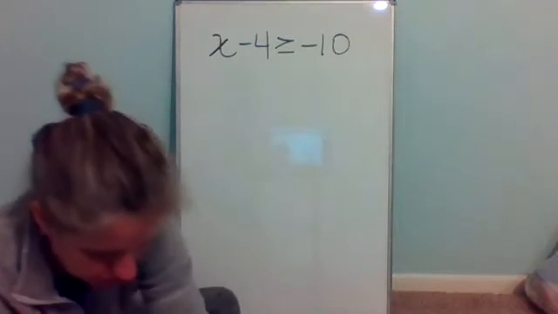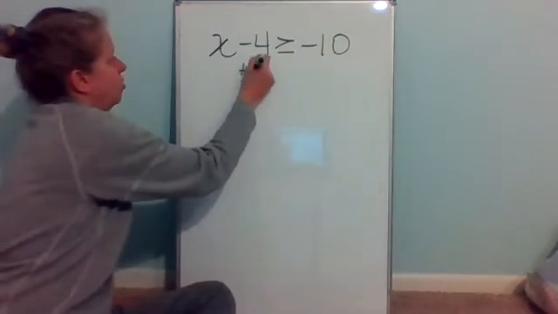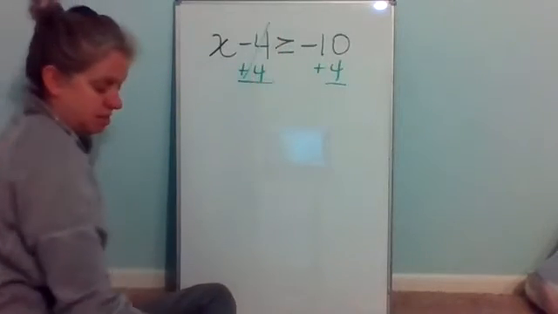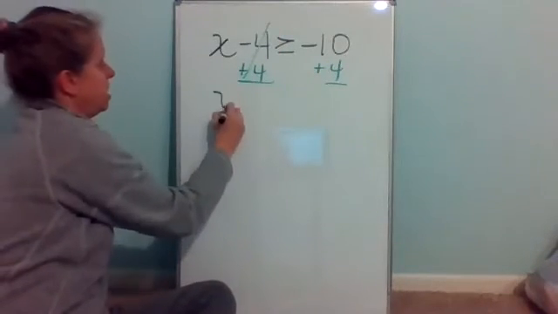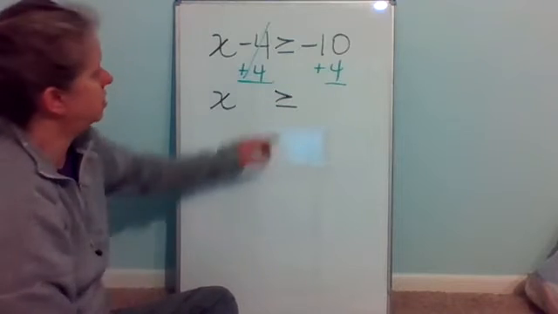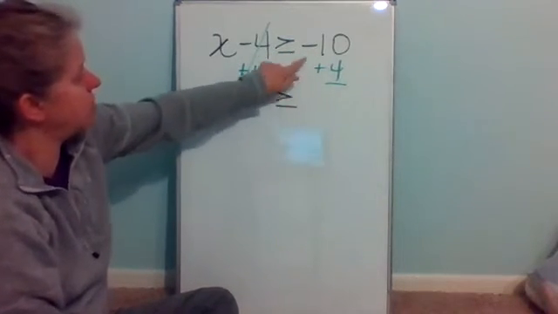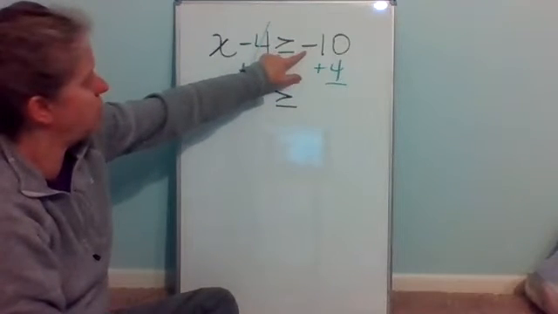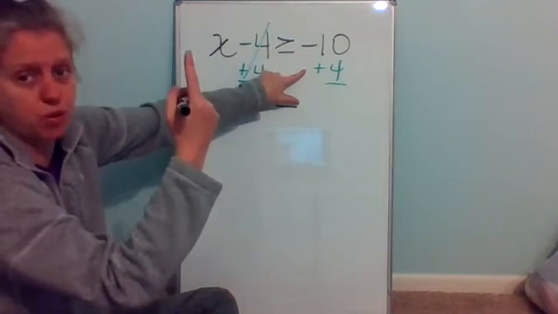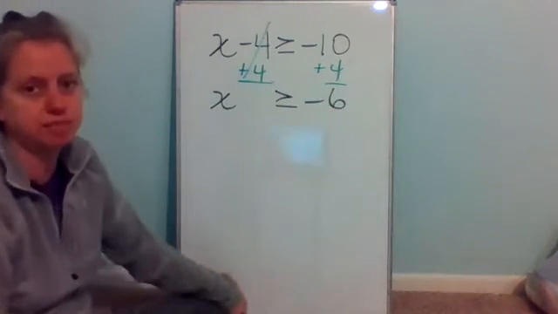Okay, so let's see, we treat it just like an equation. Get rid of that -4 with a +4. So bringing down this X, bring down my symbol, -10 + 4, either punch that in or again, think of it like temperature. If you are at -10, but you come up 4 degrees, you're now at -6.